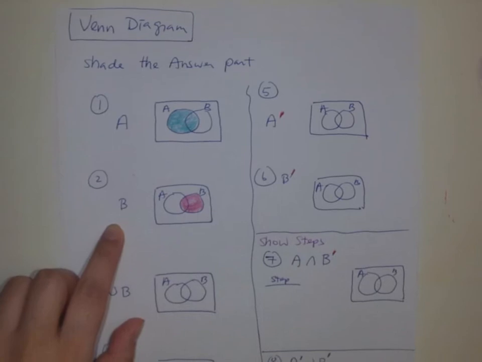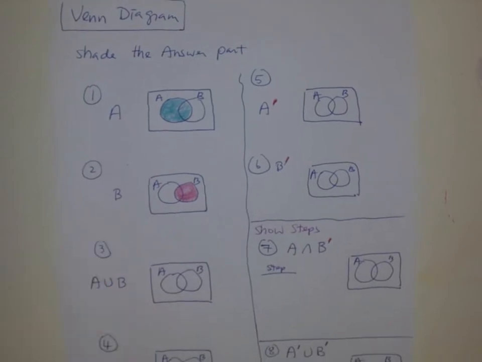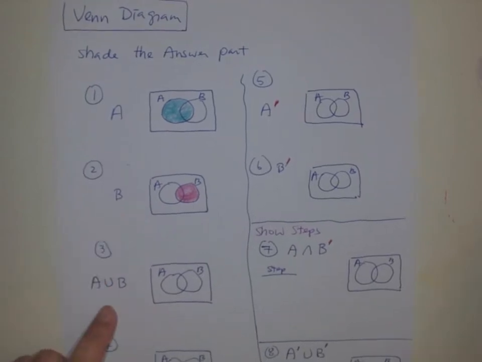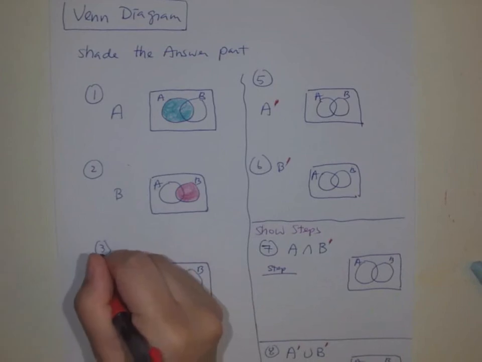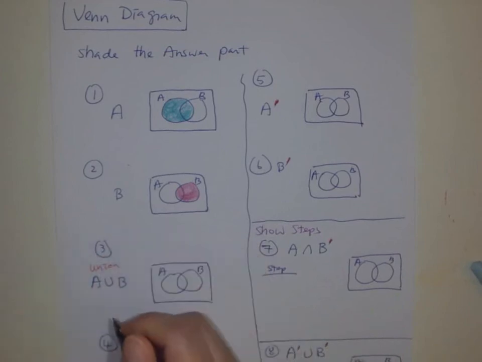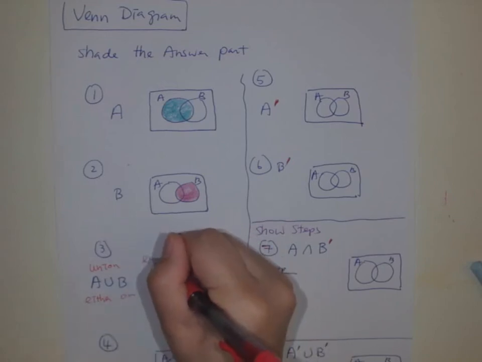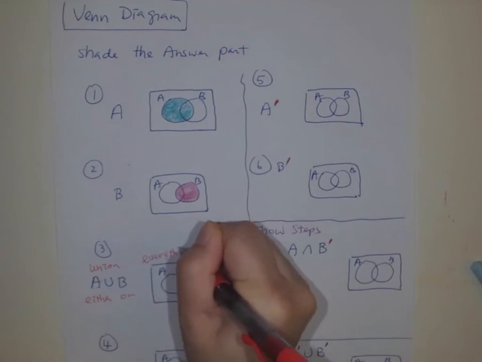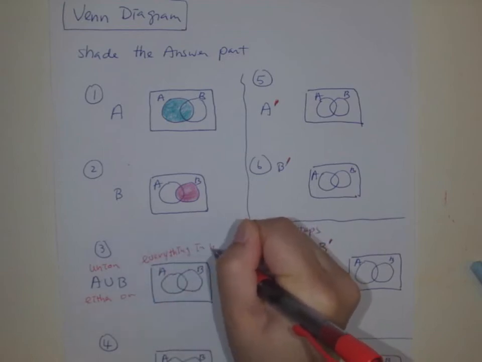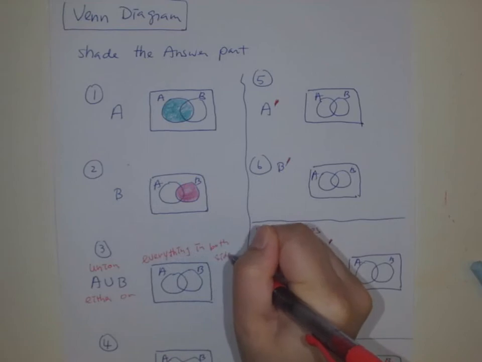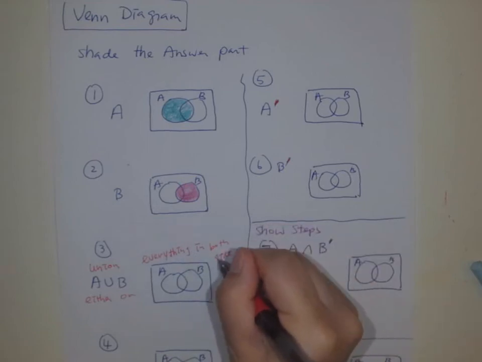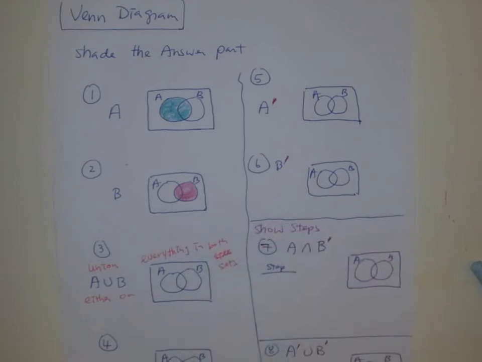All right. How about number 3? 3 with the U. What does U mean? U means union. It's either or. It means I want everything in both sets, right? Okay.